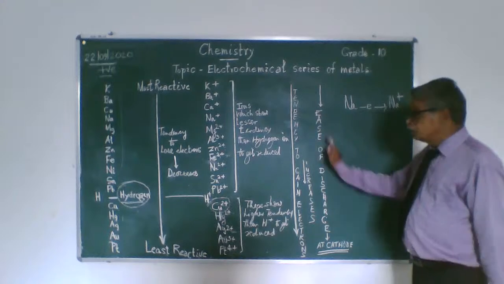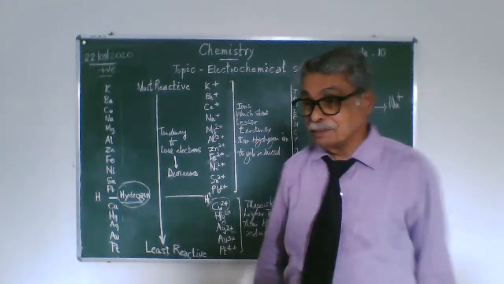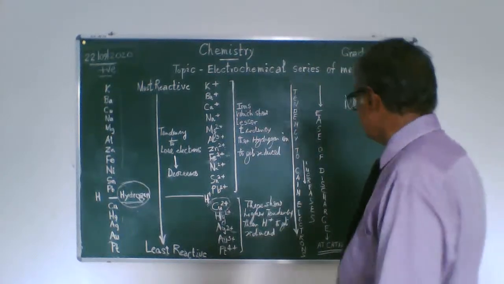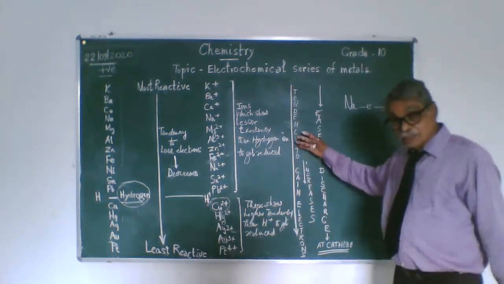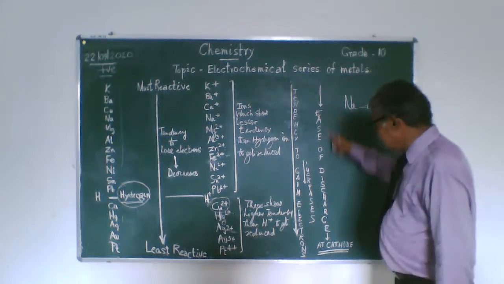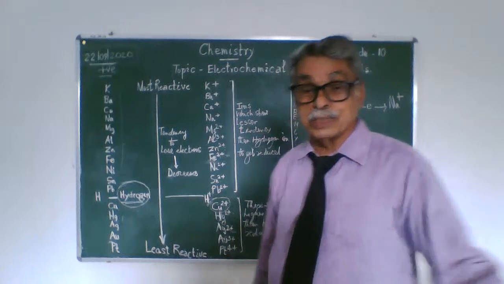So, this much if you have understood, you already know much about the electrochemical series of metals. This will come handy when we study ease of discharge at cathode. We have been doing electrolysis all these days.